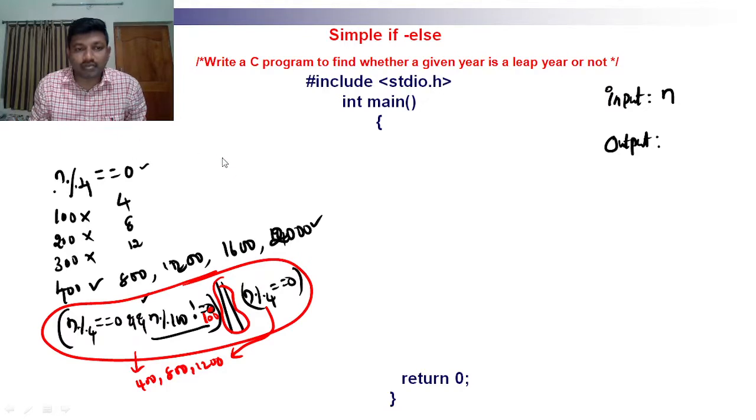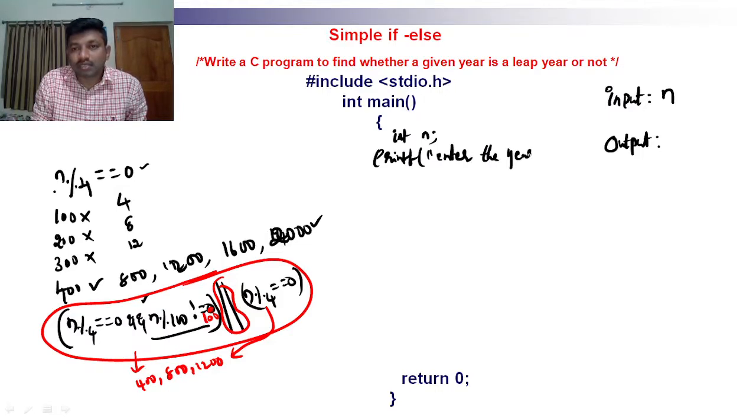So how do I write the program? Let me take the input for the program, int n, printf enter the year, then let me scan the value. Now you have to write the logic.